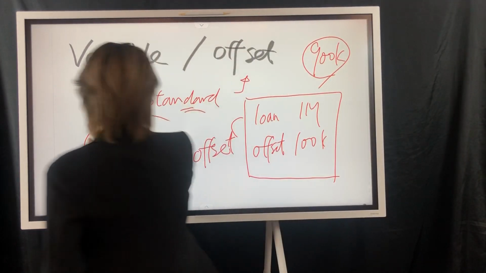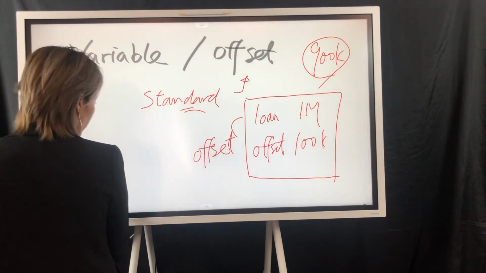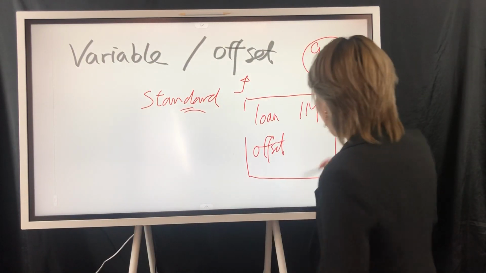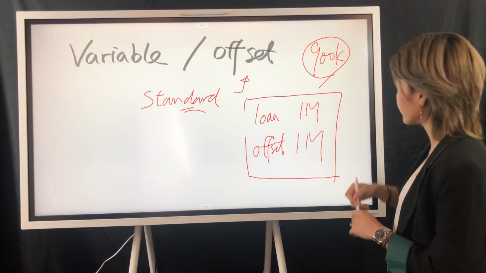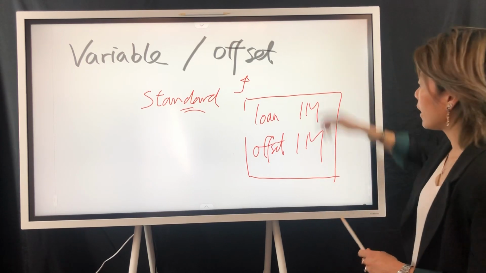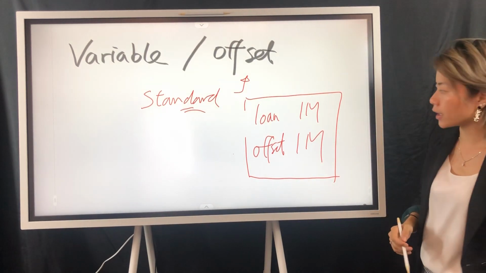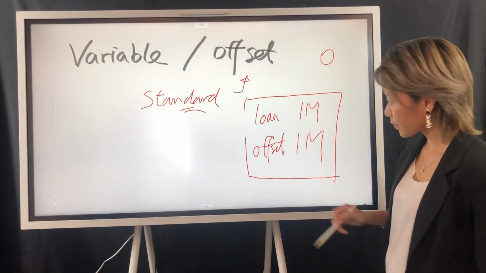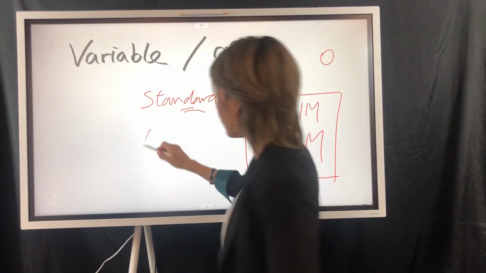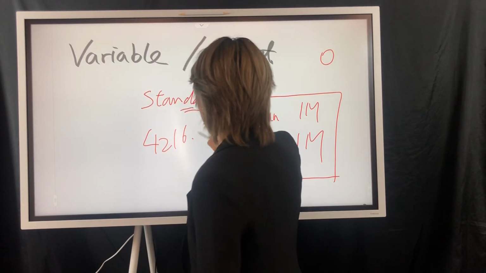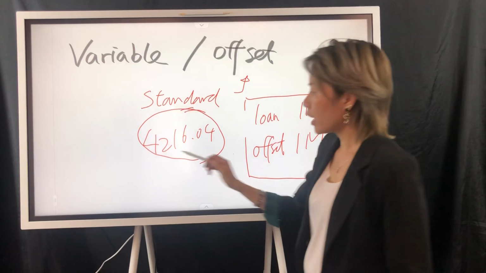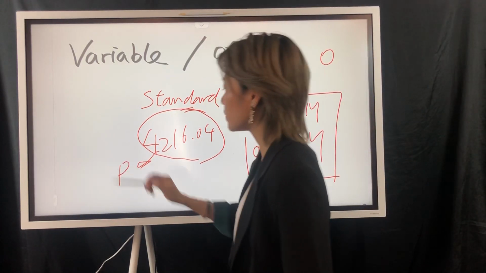Let me put another scenario. It'll be more clear. Let's say the loan is 1 million, and I have 1 million in my offset account. So actually, I'm owing $0. That means the full repayment goes all into the principal.